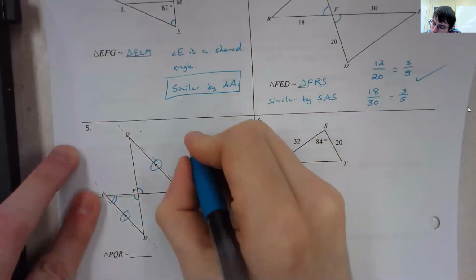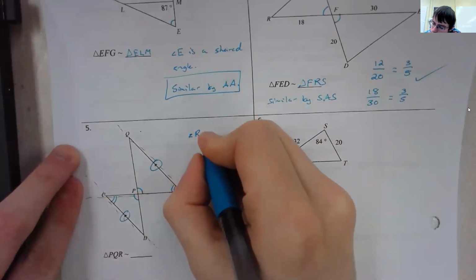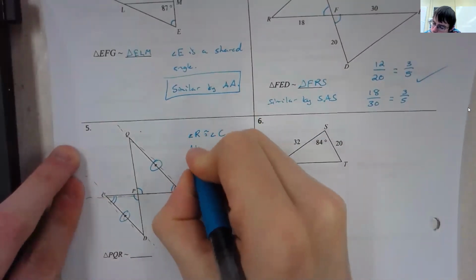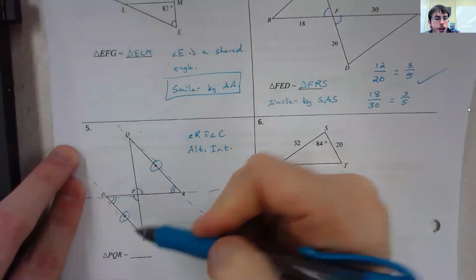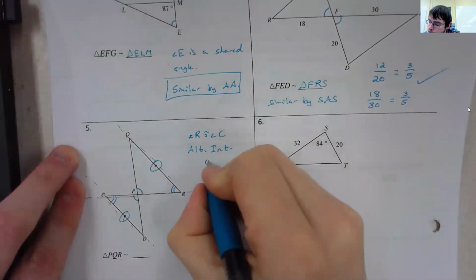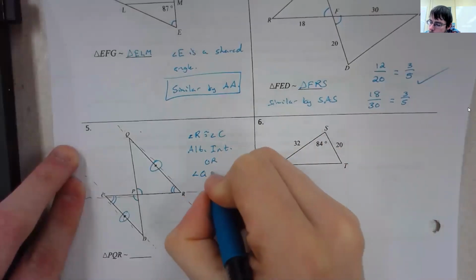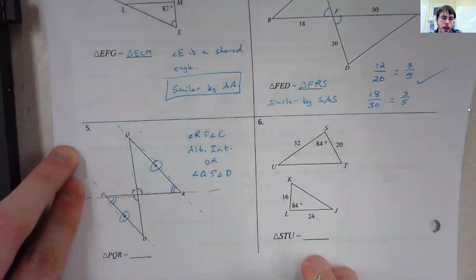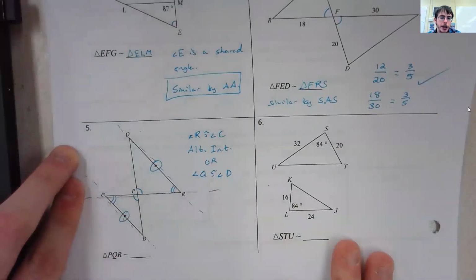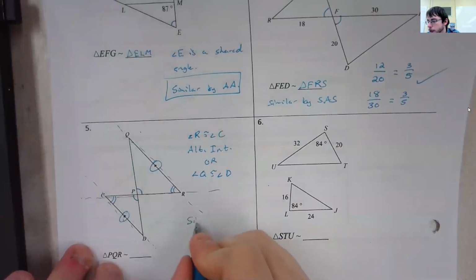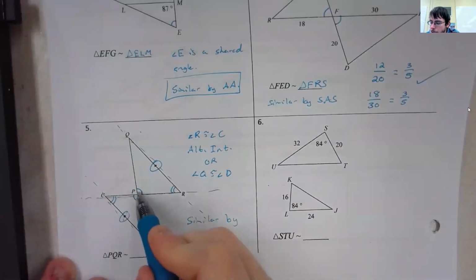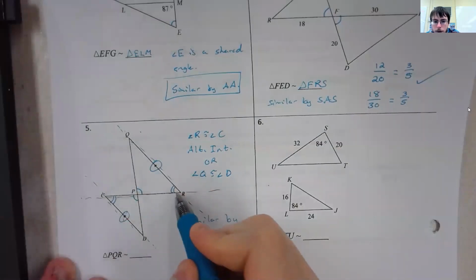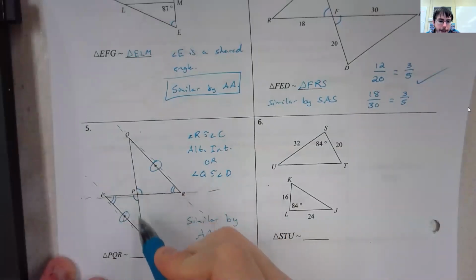So you have angle R is congruent to angle C because of alternate interior angles. You could also say that Q is congruent to angle D for the same exact reason. So we have two pairs of congruent angles, so that means these are similar by AA. So triangle PQR is similar to triangle PDC.